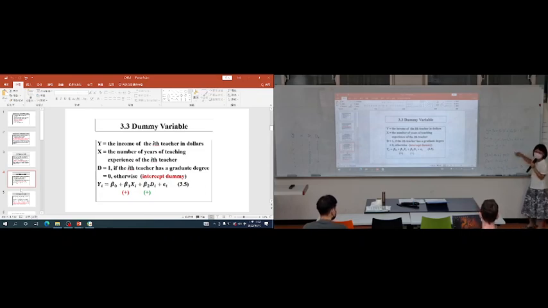So in other words, with this dummy variable, it really represents 2 equations. One is for d equal to 1. The other one is for d equal to 0. And how are these 2 regressions related?